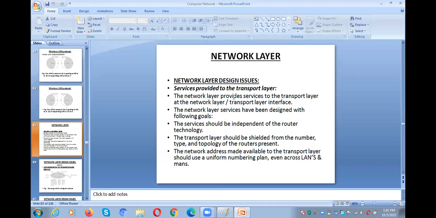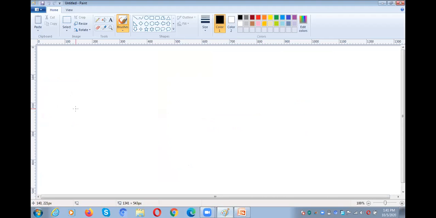The first responsibility of a network layer is providing services to the transport layer. What is the responsibility of a network layer? Network layer responsibility is to provide services to the transport layer.